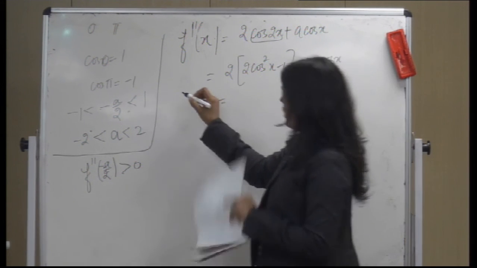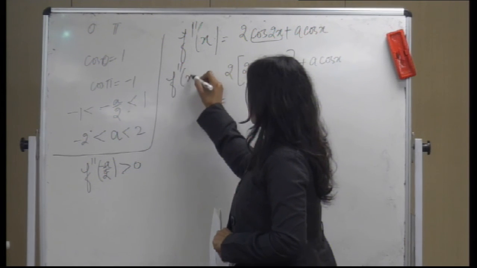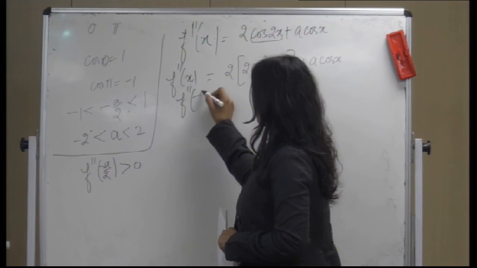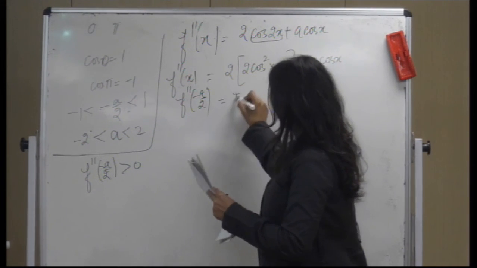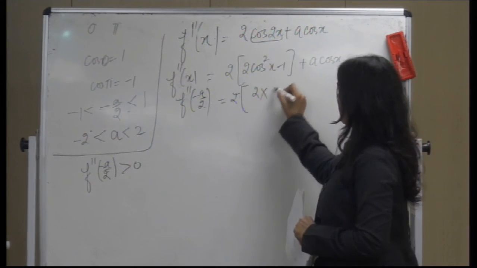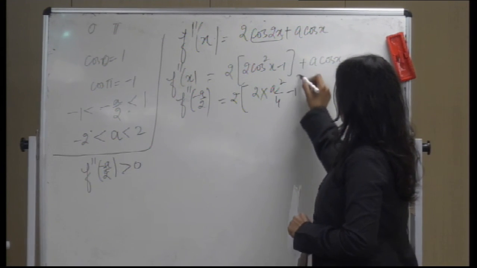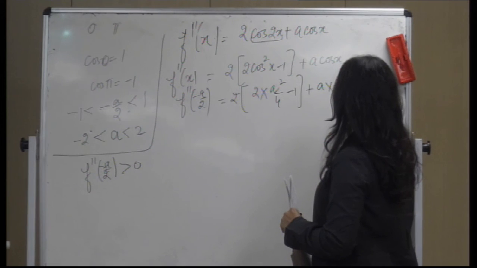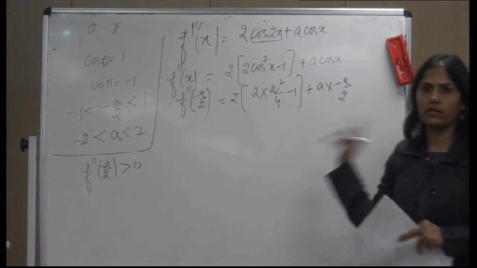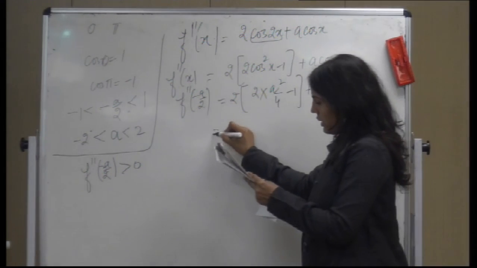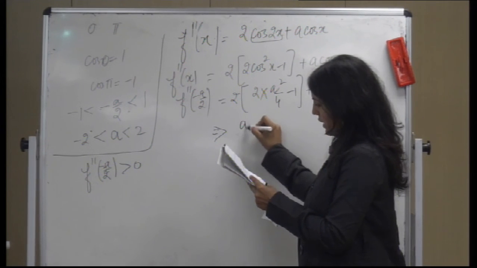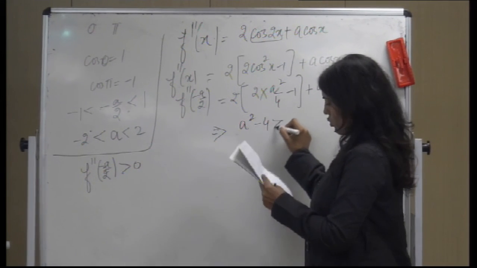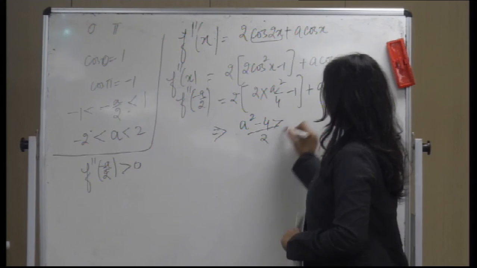This is final now. Now I can substitute. So this is f double dash x. So f double dash at minus a by 2 will be, substituting, a square by 4 minus 1 plus a into minus a by 2. Is it fine? You can simplify it. Ultimately you will get a square minus 4 by 2 greater than 0.